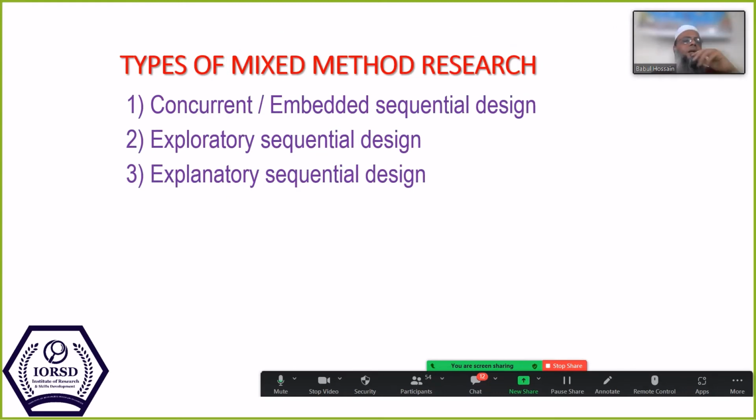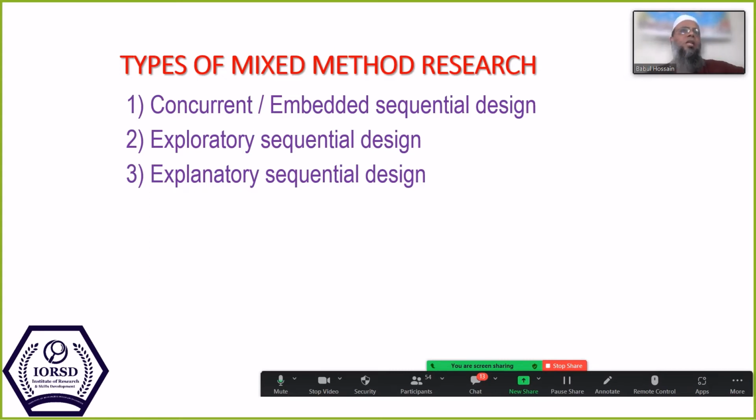There are mainly 3 types of mixed method. One is concurrent mixed method, another is exploratory sequential mixed method, and another is explanatory sequential mixed method. In the concurrent or embedded method, the researcher conducts the quantitative and qualitative studies simultaneously, in parallel.